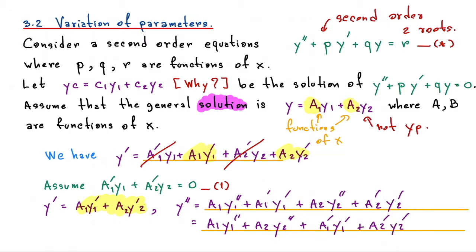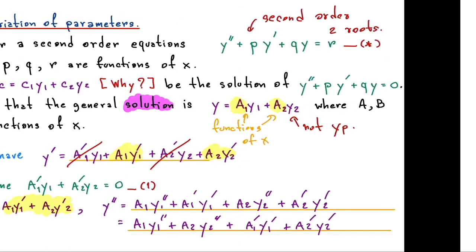I just rearrange the terms. Just keep this term here, put this term over here, put this term here, and keep this term here. Okay, and then we substitute y prime, y, and y double prime into this equation.